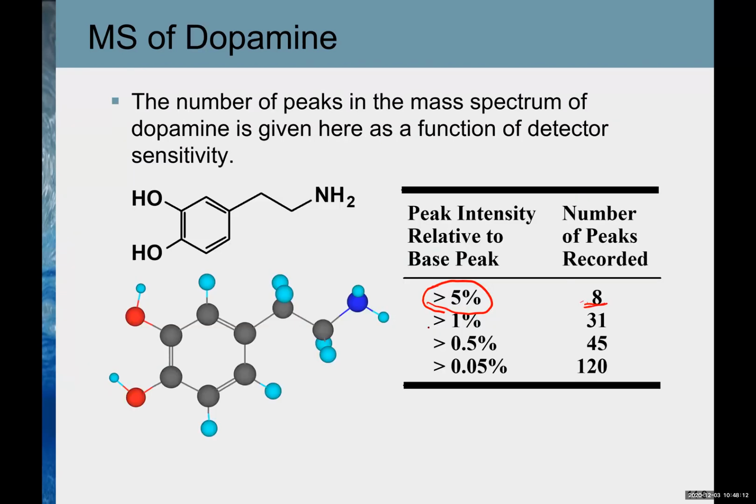If we measure all the peaks above 1%, we have 31 peaks. Above 0.5%, we have 45 peaks. And above 0.05%, we have 120 peaks. Now, analysis of all these 31 or 45 or 120 is almost impossible. So these are not very interesting.